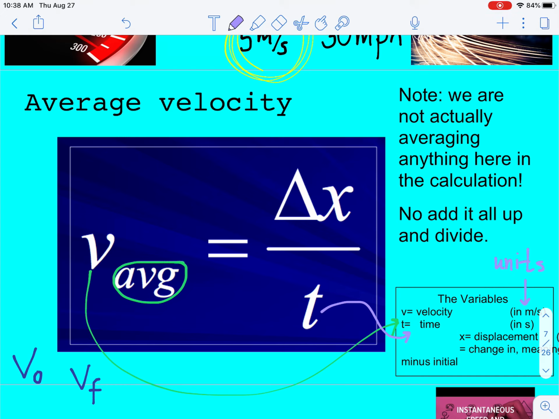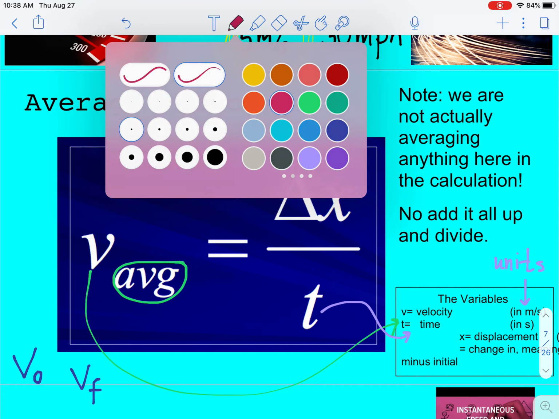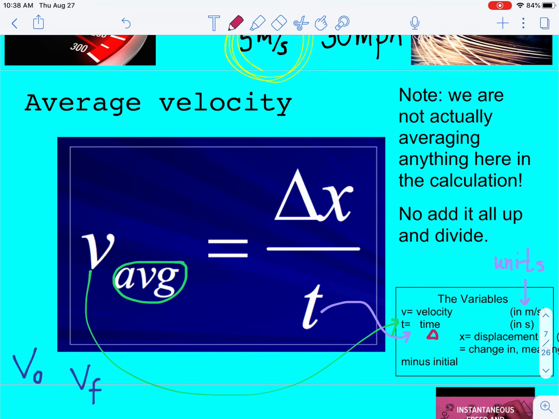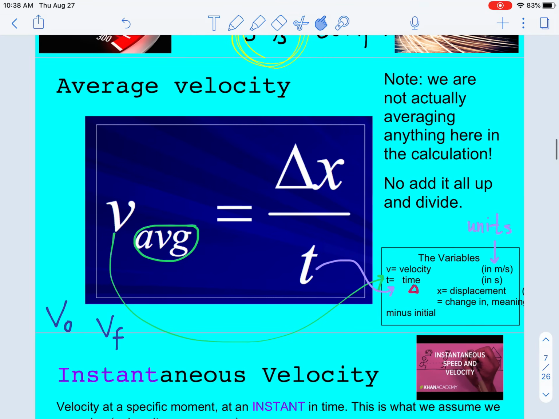For some reason my triangle didn't show up on this doc. So triangle X means displacement, but remember it's kind of the same thing as distance for our calculations. Always measured in meters, which is off my screen annoyingly.